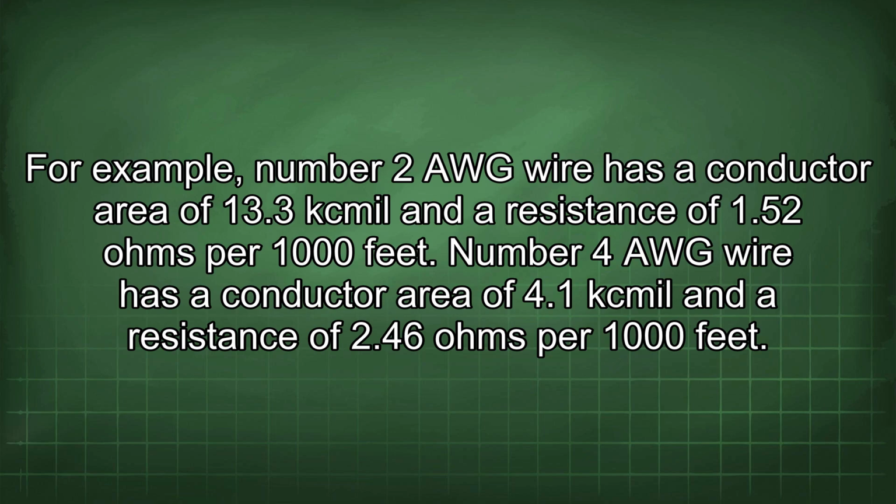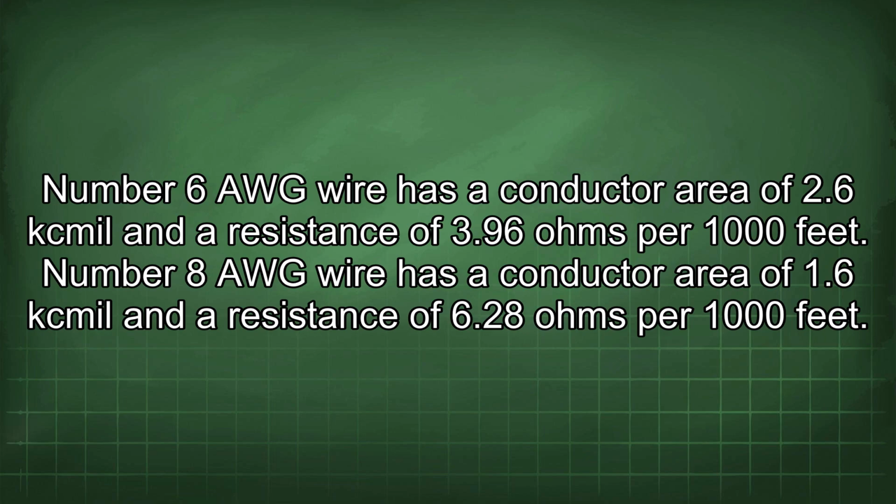Number 6 AWG wire has a conductor area of 2.6 kcmil and a resistance of 3.96 ohms per 1000 feet. Number 8 AWG wire has a conductor area of 1.6 kcmil and a resistance of 6.28 ohms per 1000 feet.